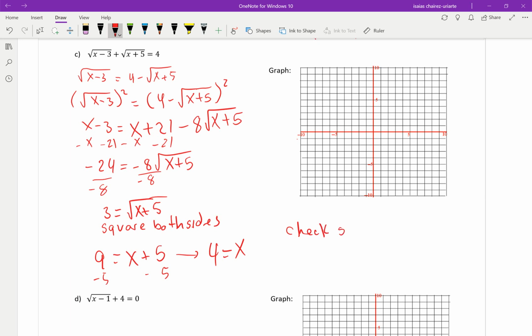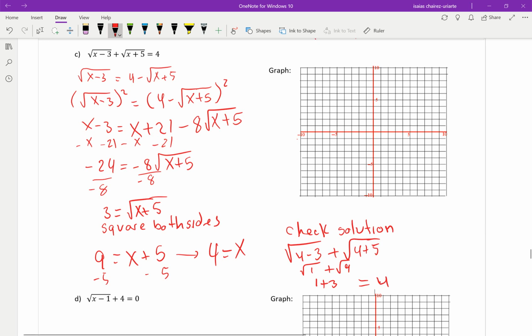So I'm going to say square root of 4 minus 3 plus the square root of 4 plus 5, and so then this becomes the square root of 1 plus the square root of 9, so that's 1 plus 3, and that is equal to 4, which is what we're supposed to get according to the original equation. So that's a good answer.